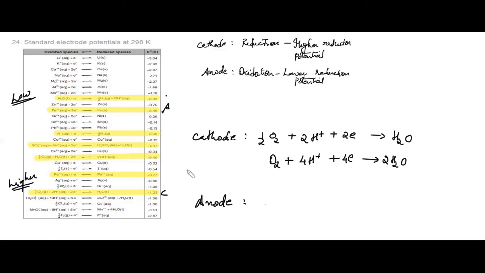When I flip it over, I get Fe solid gives Fe2 plus aqueous plus 2 electrons. I have highlighted the anode and the cathode equations which I've chosen from this table.